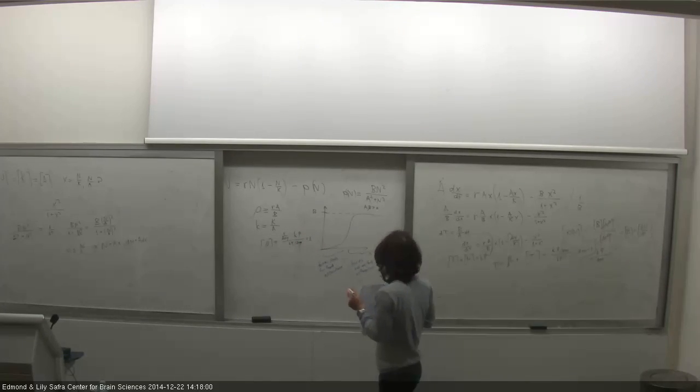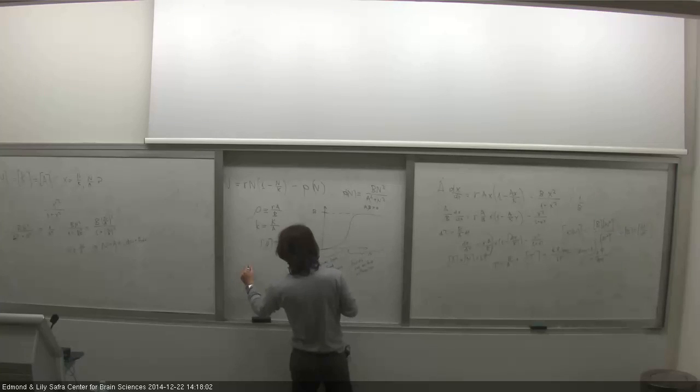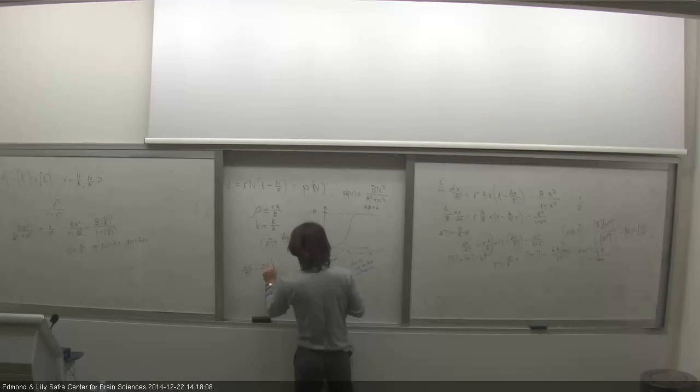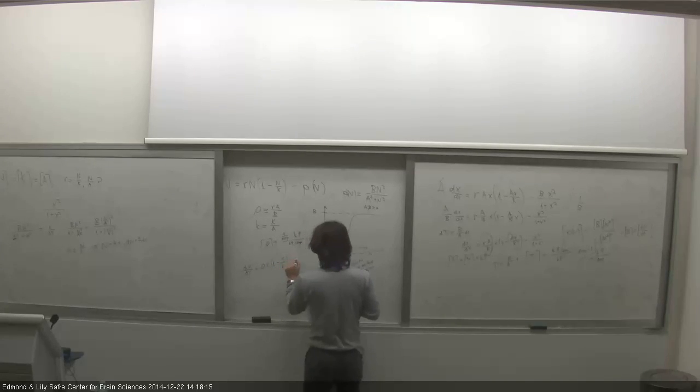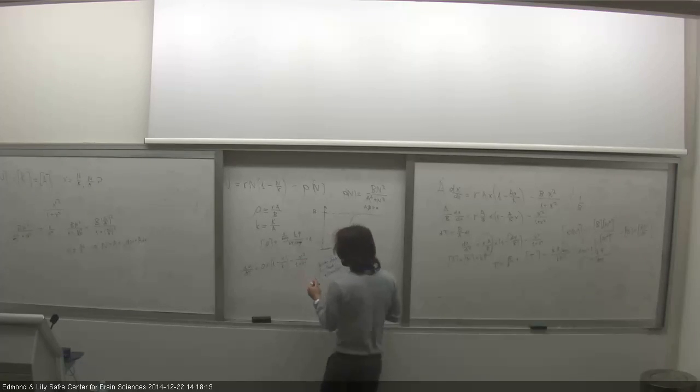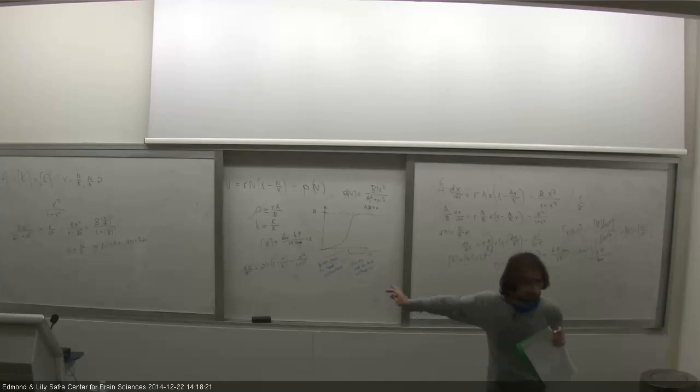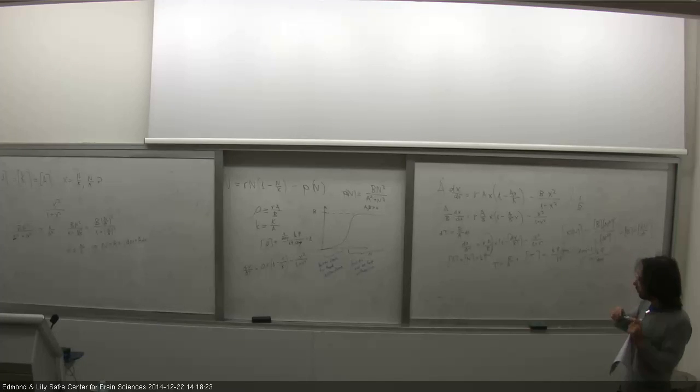So if I write the equation again, I get dx over d tau. This is the non-dimensional form.